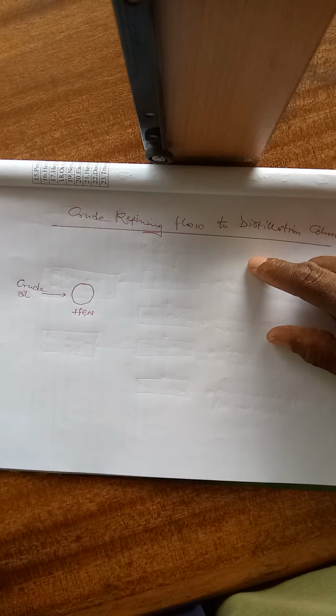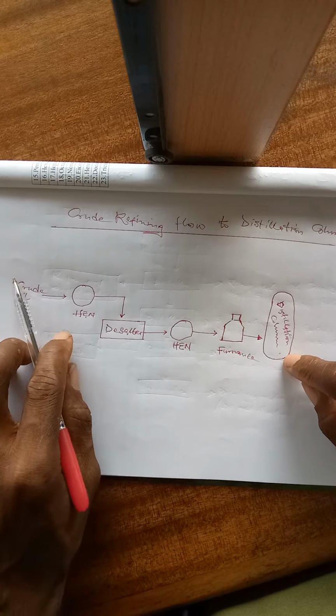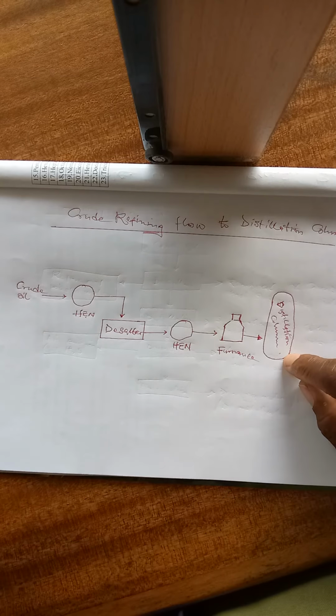So we will stop this flow at this point, knowing that at the distillation column, what we do is separate the crude into various fractions, different components, using their boiling points.